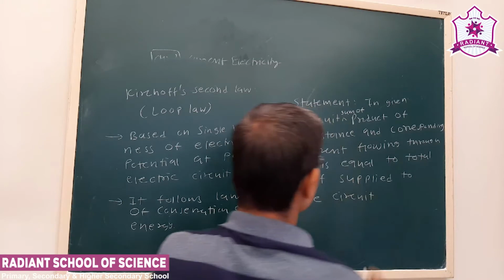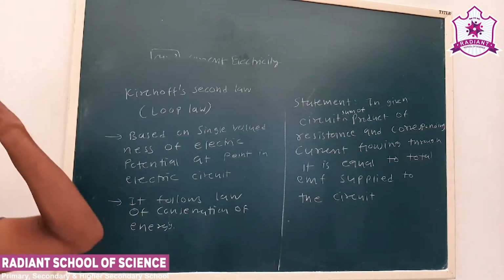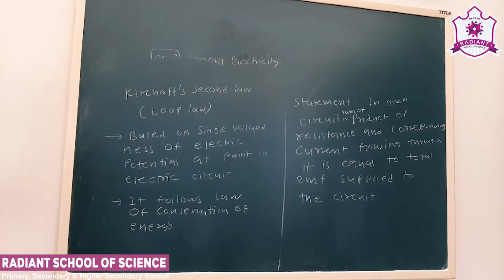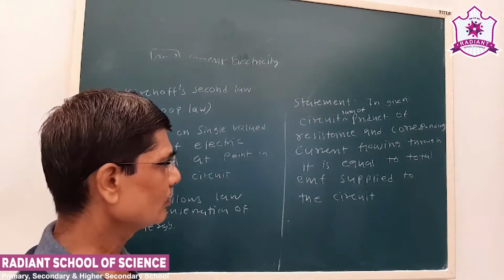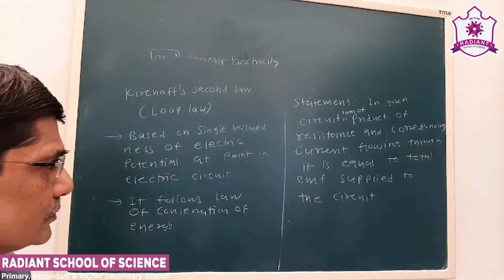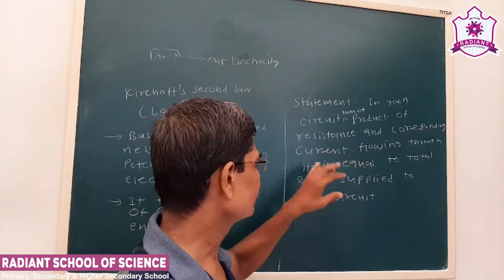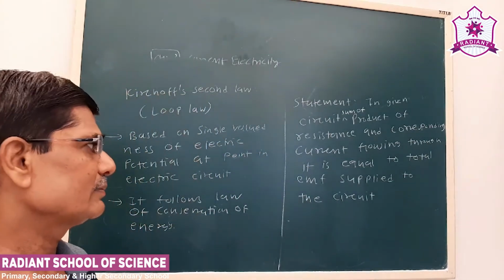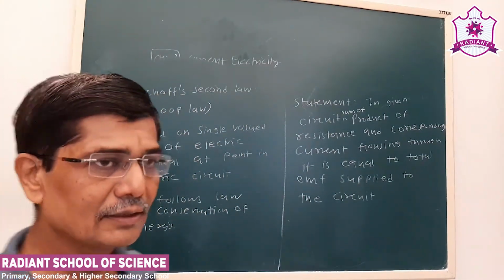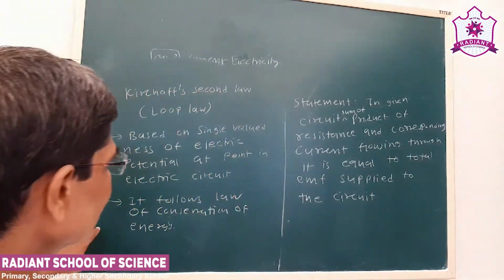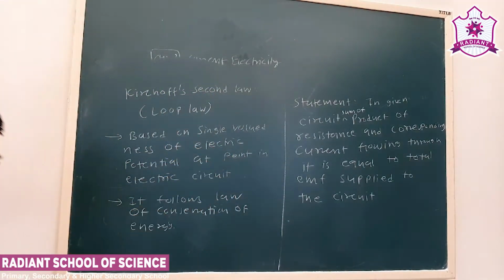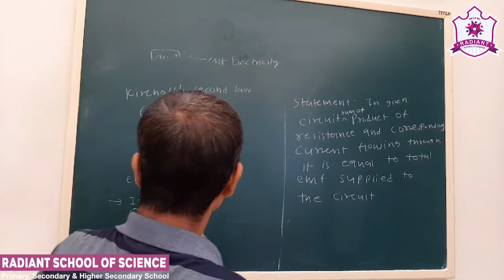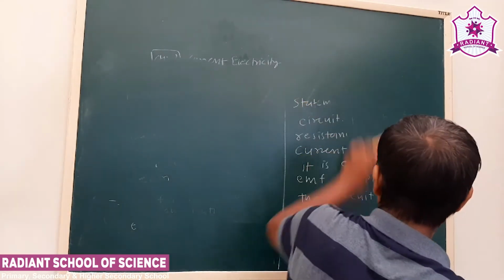So in a given circuit, the algebraic sum of product of resistance and corresponding current flowing through them is equal to the total EMF supplied in the circuit. By using this, we can understand Kirchhoff's second law. Now we take a simple diagram.